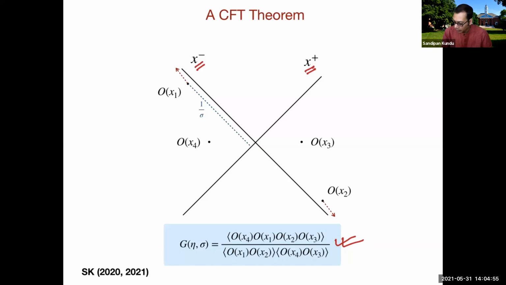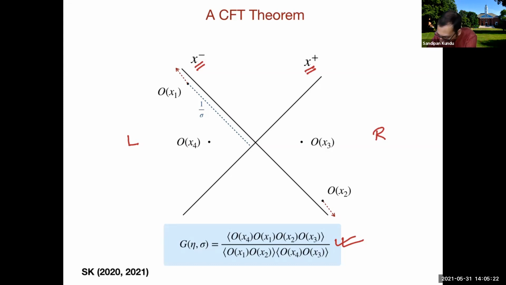Then I'm going to take the Regge limit. Before that, let me note that this is the left Rindler wedge and this is the right Rindler wedge. So the operators are inserted in a symmetric way: operators in the right Rindler wedge are the Rindler reflection of the operators in the left Rindler wedge. For this kind of setup, I can take the Regge limit in the following way.